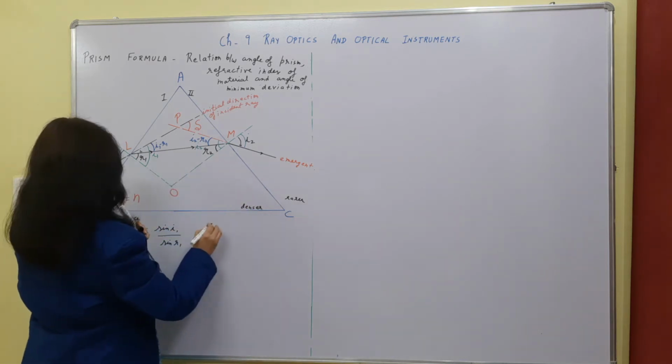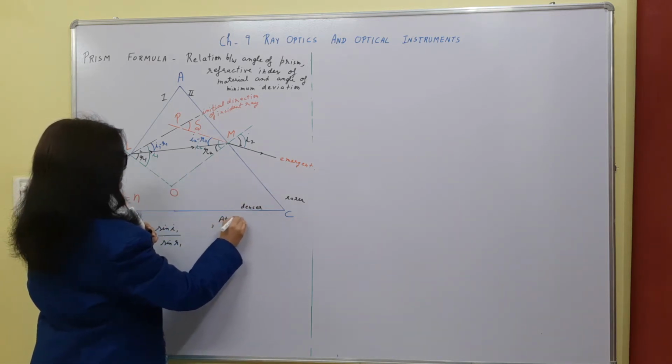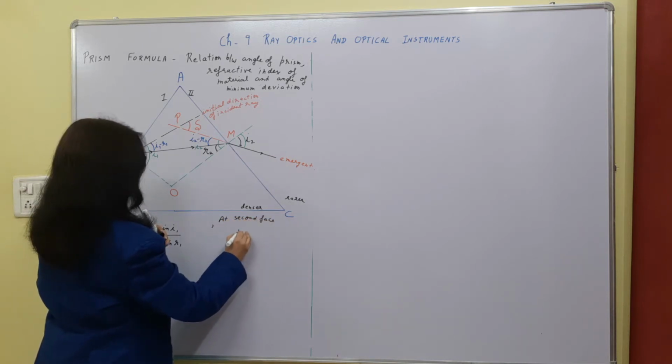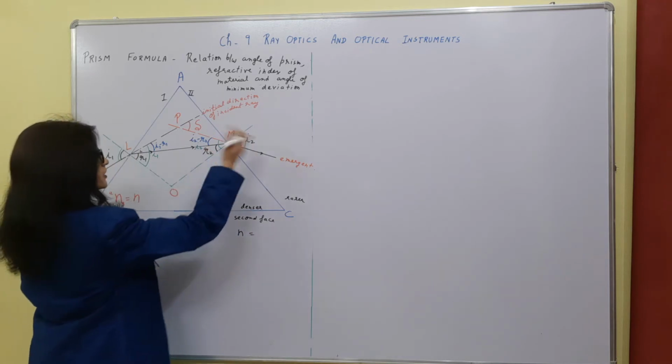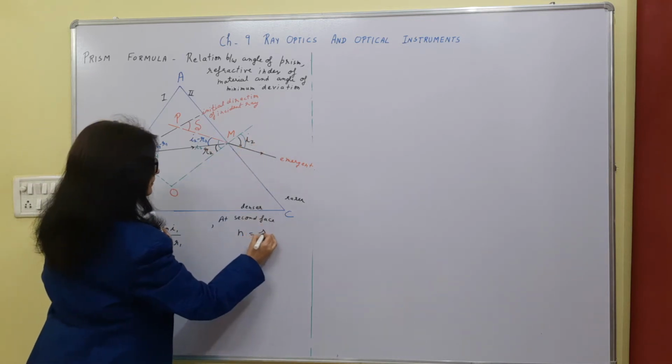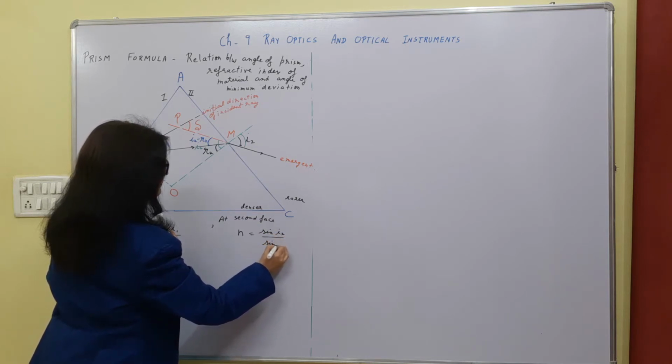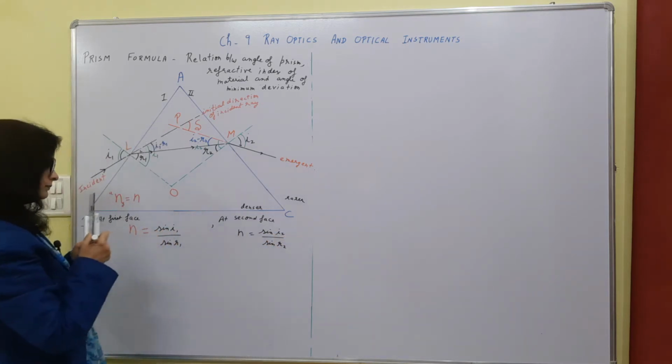Similarly, if we are writing at the second face, we are writing for this, so the opposite medium angle will be written in the numerator, sine I2 upon sine R2.